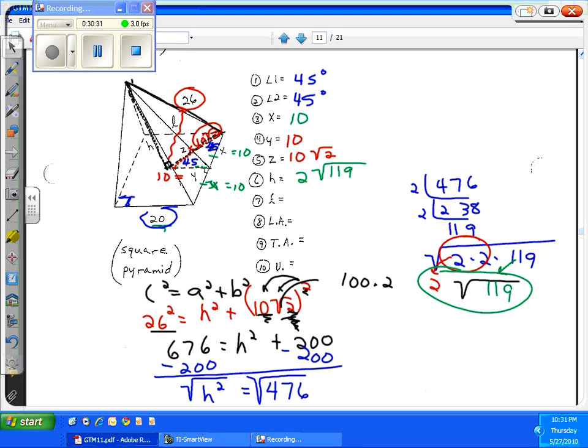The lateral height or slant height is that L. I'm trying not to erase too much stuff. I'm going to go ahead and take out the radius. I'm going to take out that, take out that, just so I can see.